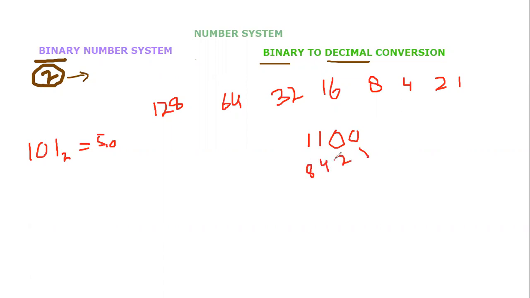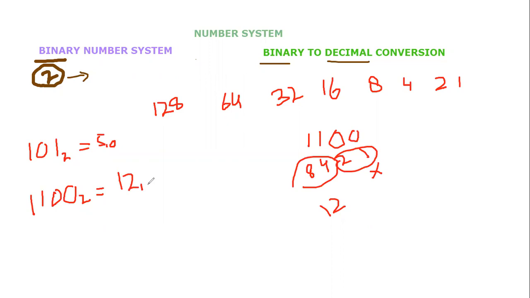These two positions will be gone because they are multiplied by 0, but 4 is multiplied by 1 and 8 is multiplied by 1. So 8 plus 4 is equal to 12. So 1100 in binary is equivalent to 12 in decimal, or 12 in the base 10 system.